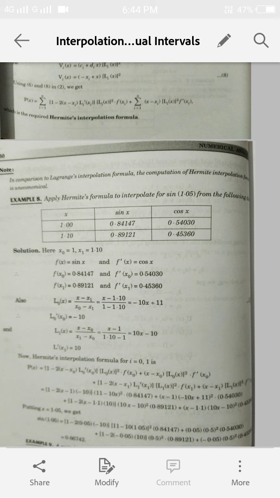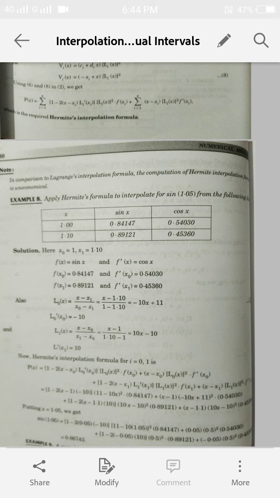So f(x0), f'(x0), f(x1), f'(x1), all these values are given to us. We find L0(x), meaning the Lagrangian corresponding to x0, and L1(x), the Lagrangian corresponding to x1. So we find these values and their derivatives, and here we are to apply the Hermite interpolation formula for two values of i, that is 0 and 1.